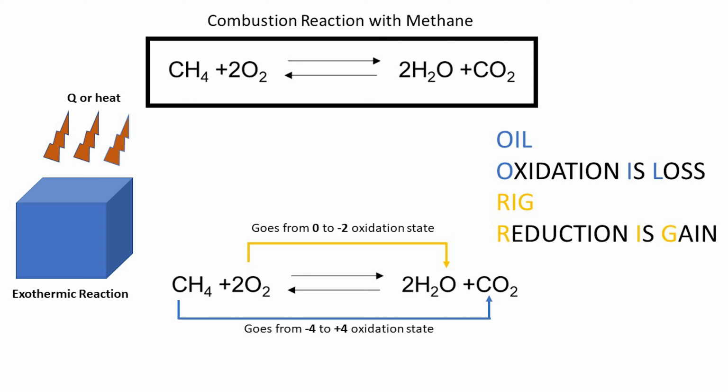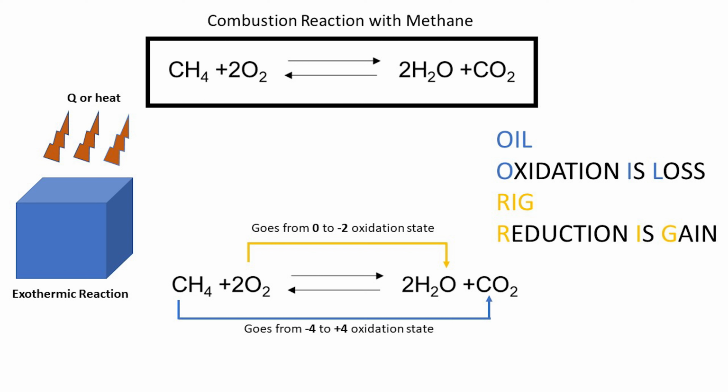Here's an example of a combustion reaction of natural gas, which is mostly methane. Okay, let me try this one out. So hydrogen has a +1 oxidation state before and after the reaction. Therefore, carbon has a -4 oxidation state before the reaction. In CO2, the two oxygens would have a -2 oxidation state.